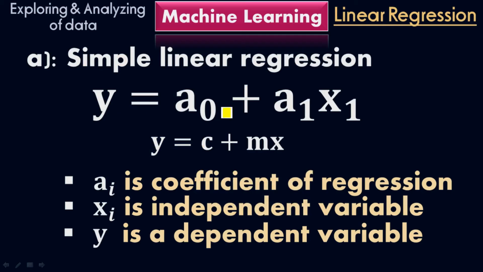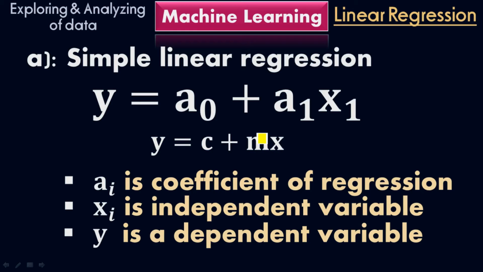Now this is the equation of a simple linear regression model, where we have only two terms: a sub naught plus a sub 1 times x sub 1. This is my first term, this is my second term. So it is actually y equals c plus mx.